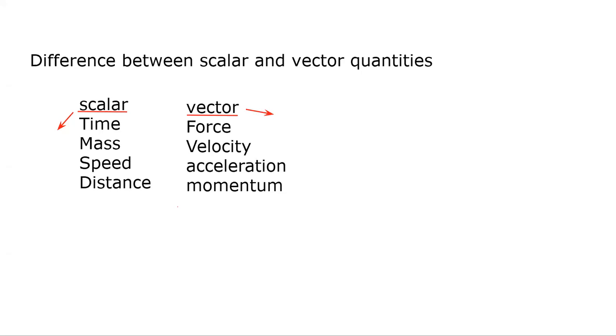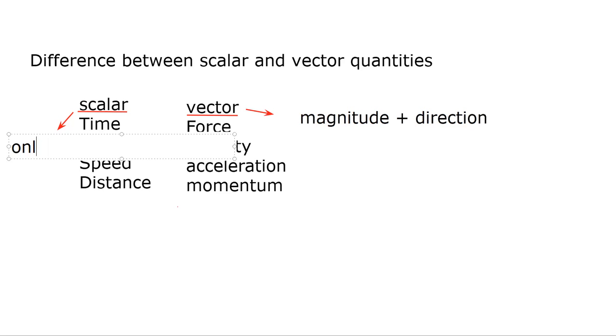So you can write: magnitude plus direction, and in scalar only magnitude is required. Only magnitude. So what does that mean?